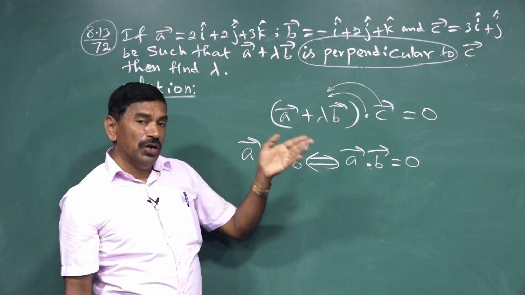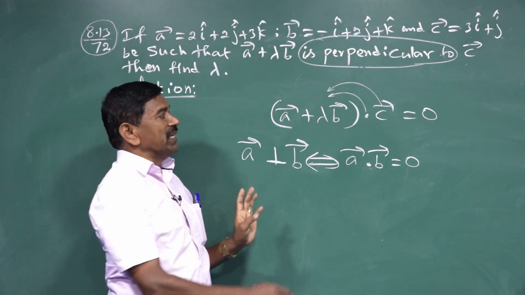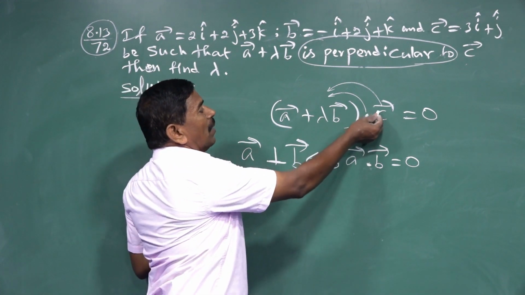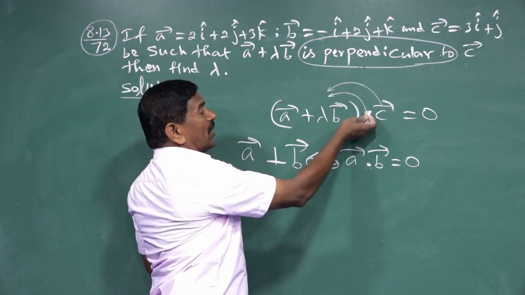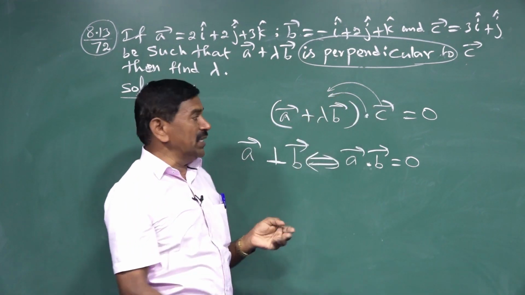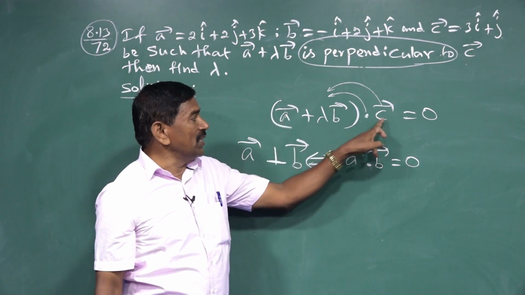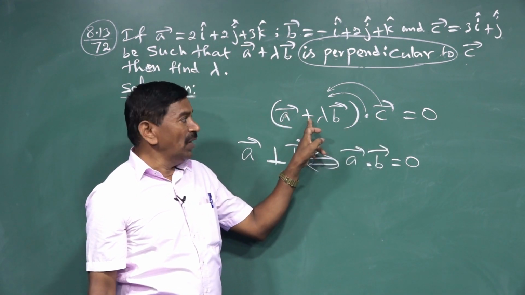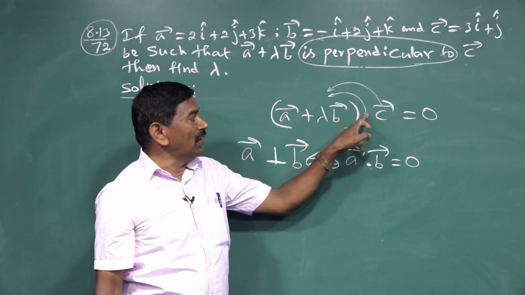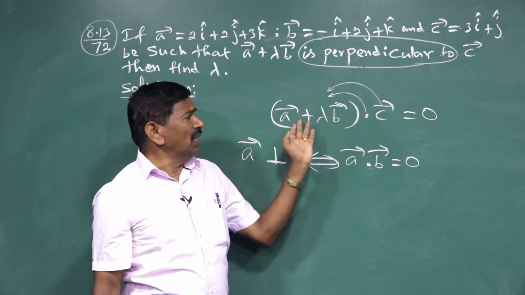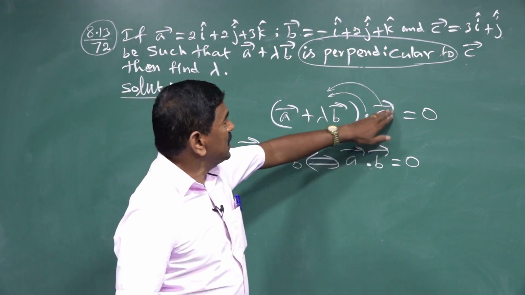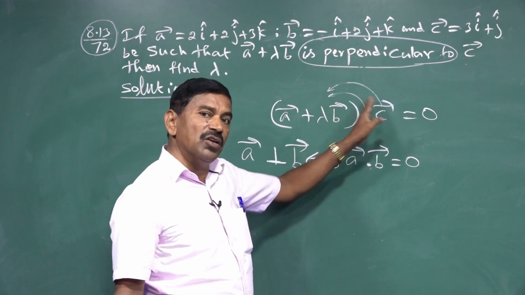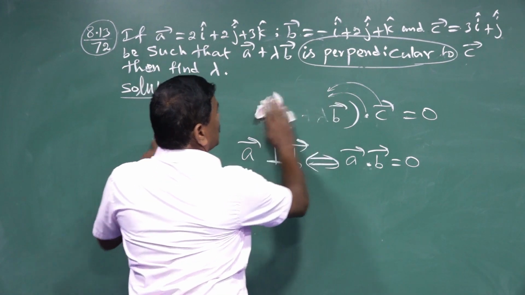Otherwise, we can do the second type, which is very simple, by using distributive law. By using distributive law, c vector and the dot multiply inside. We get a vector dot c vector plus lambda into b vector dot c vector. Then taking dot product, you are going to get the answer. Let us use the second type. That's all.